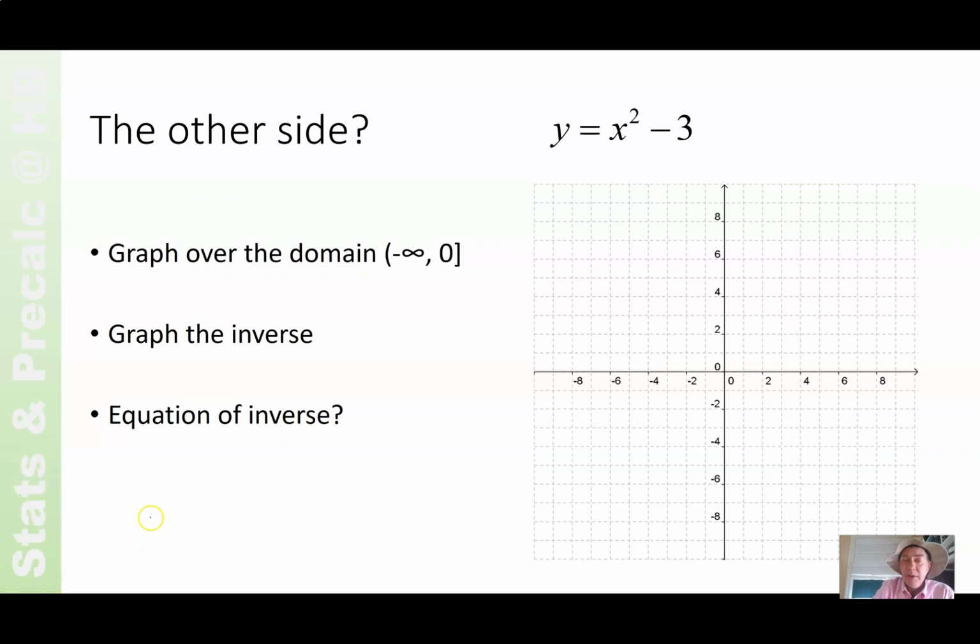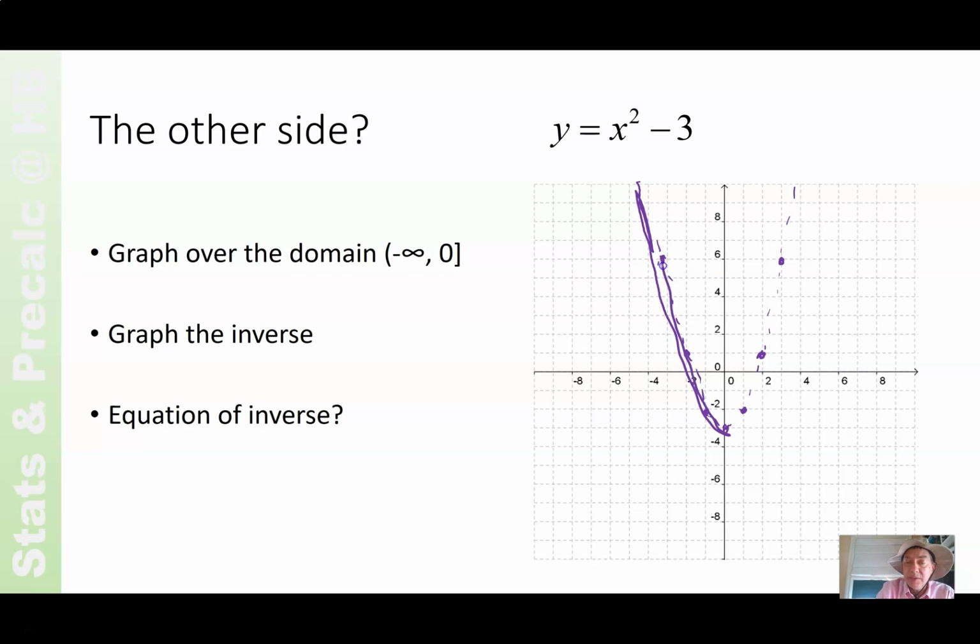Start with the same parabola. (0, negative 3), (negative 1, negative 2), (negative 2, 1), and (negative 3, 6). That is the graph. But we were looking at the negative side this time for the function.